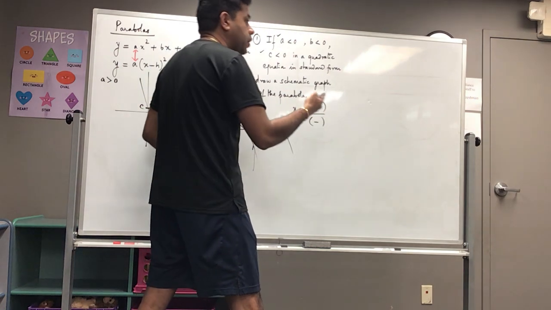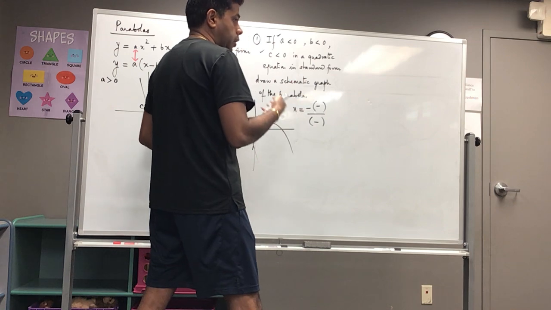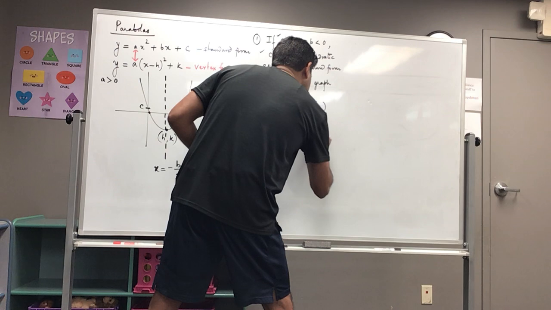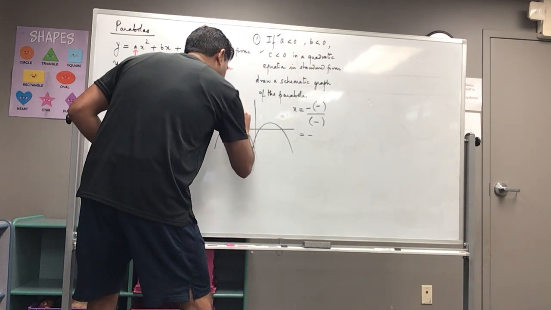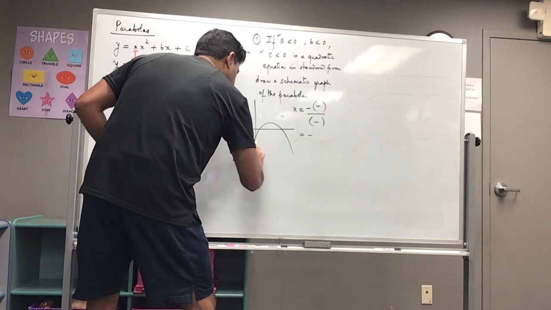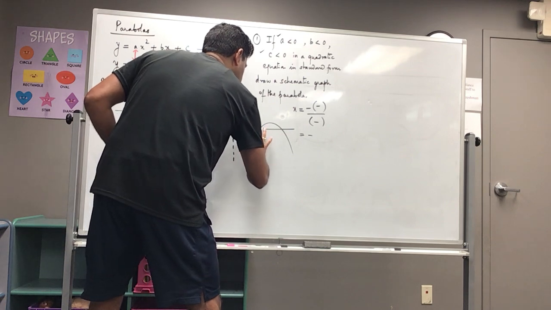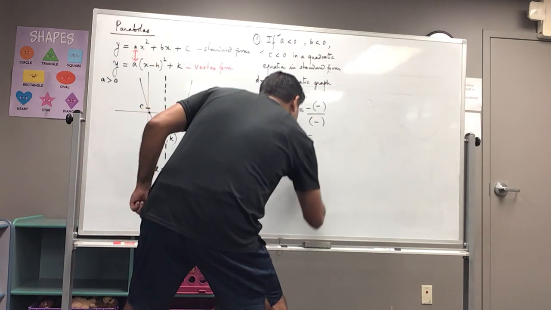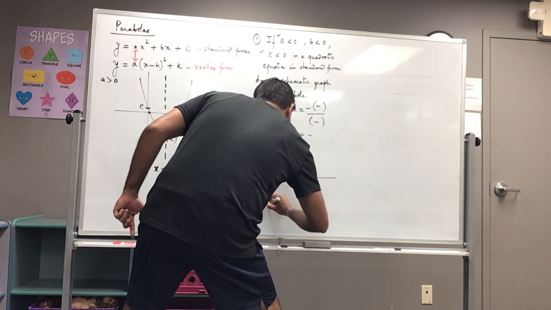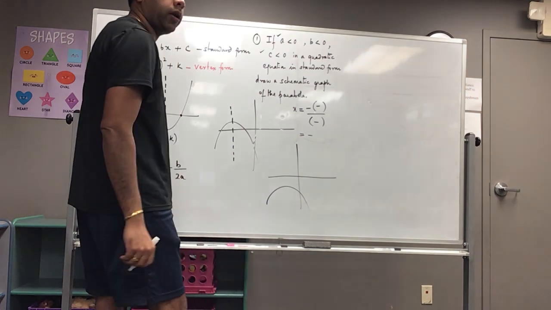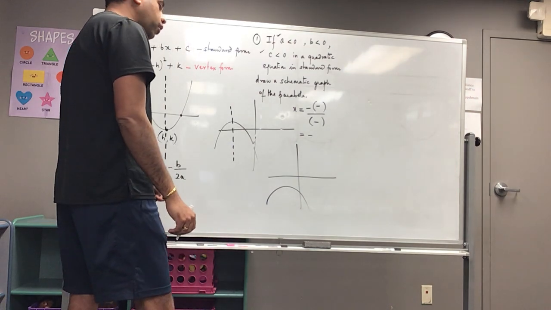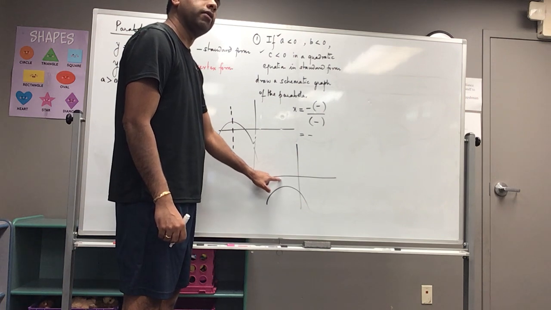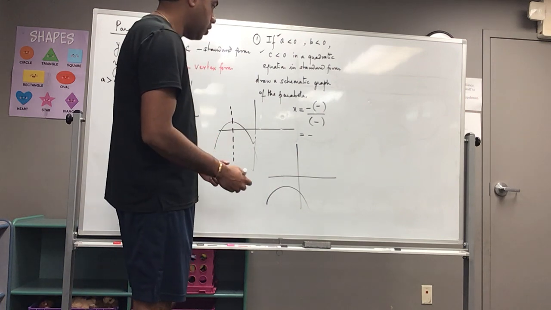So we have the axis of symmetry in the negative direction, at a negative x value. So somewhere here. So it cannot be this. Or it can be this. Okay? Or we can have only one solution, so it can be touching here at one point. Right? But that's okay, we can understand.